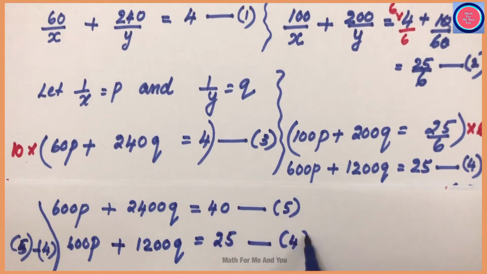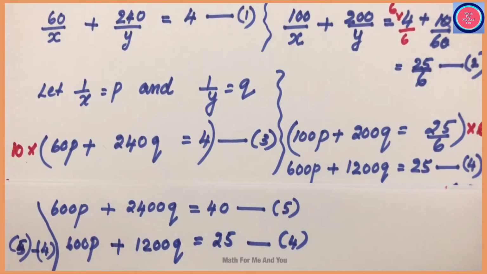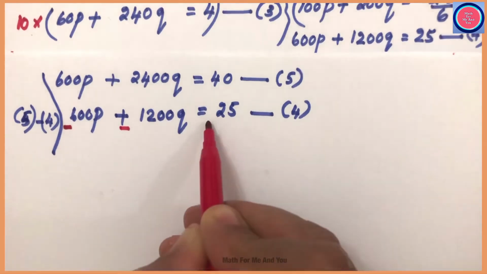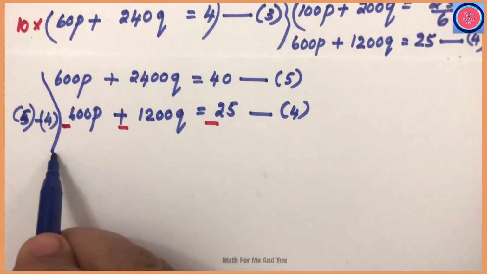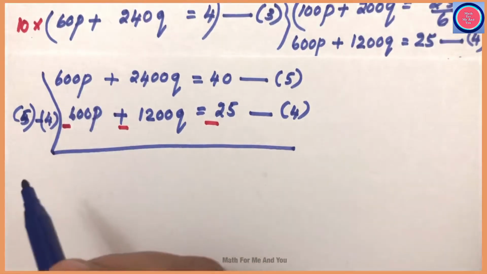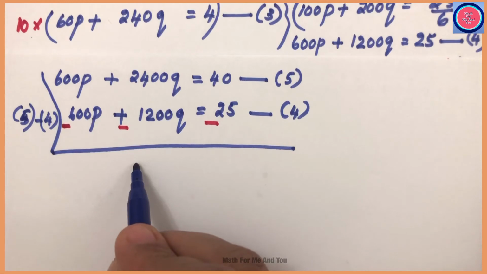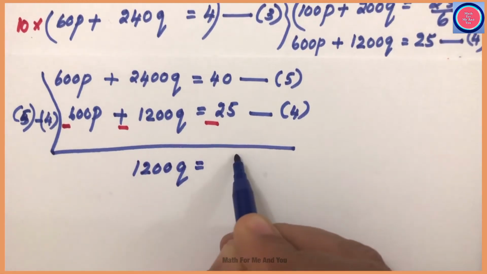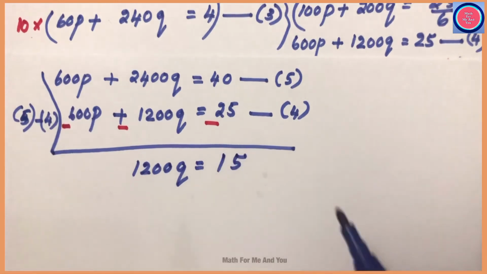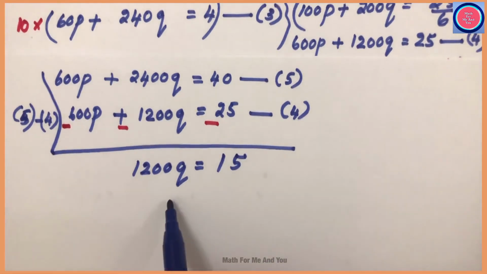Since we subtract equation number 4, the terms there change their signs. Now we can find the value. 600p minus 600p cancels. 2400 minus 1200, it is 1200q is equal to 40 minus 25, it is 15.